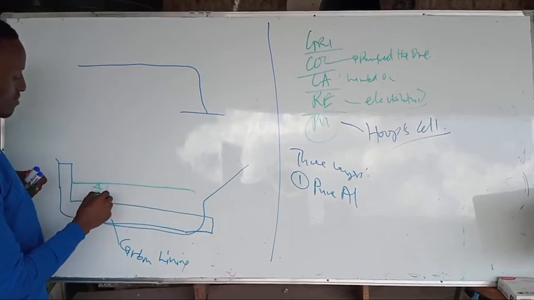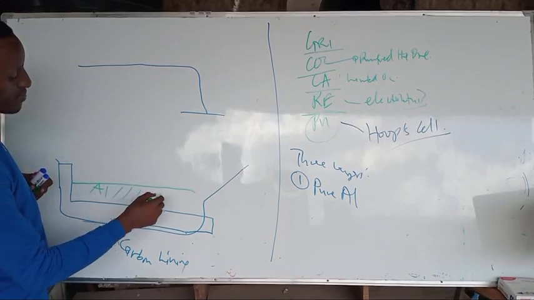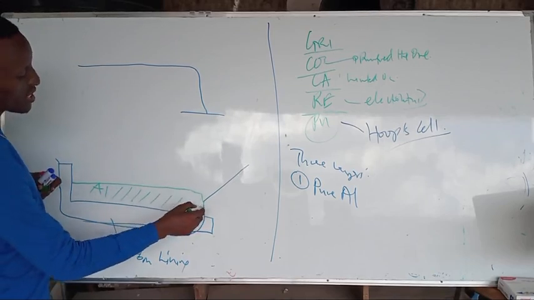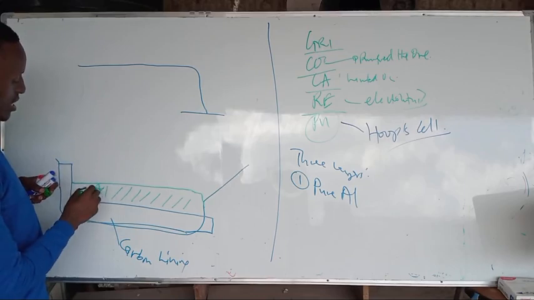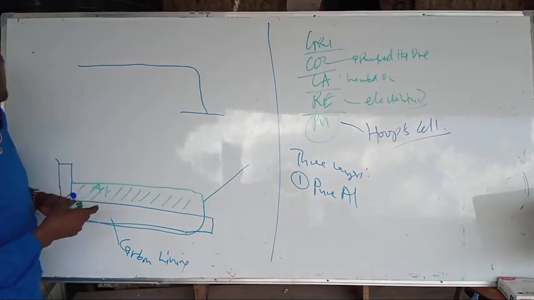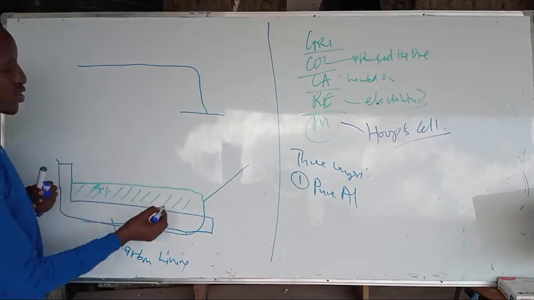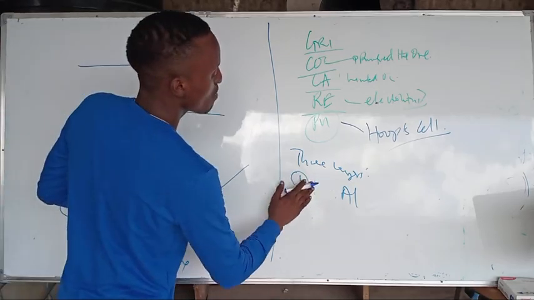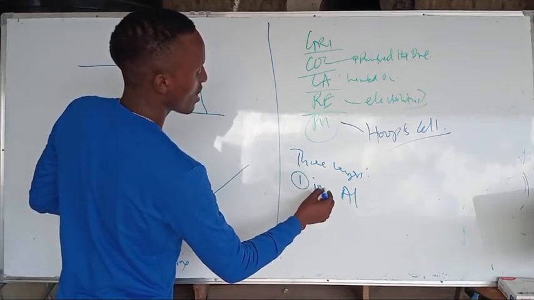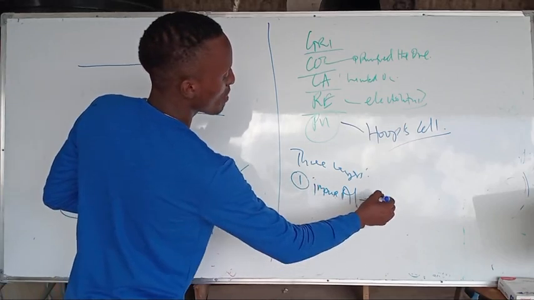Aluminium. This is impure aluminium. It's pressed here. So the first layer is impure aluminium at the basement.